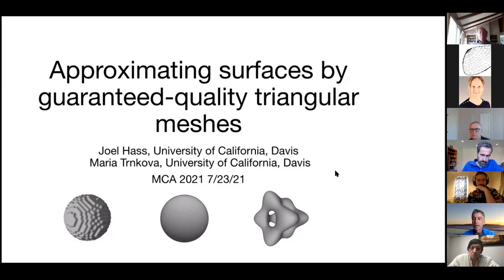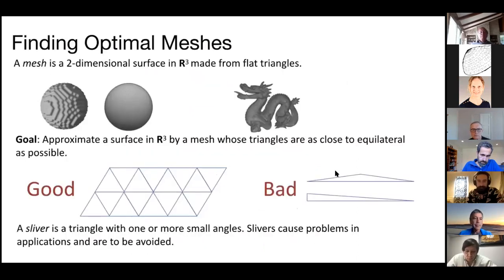So we all know how to triangulate, we all know that you can triangulate surfaces, but the problem is in computer graphics, when you triangulate a surface, the quality of the triangulation is very important. By quality of a triangulation, we mean how good the triangles are. A good quality triangulation is one where all the triangles look roughly equilateral.